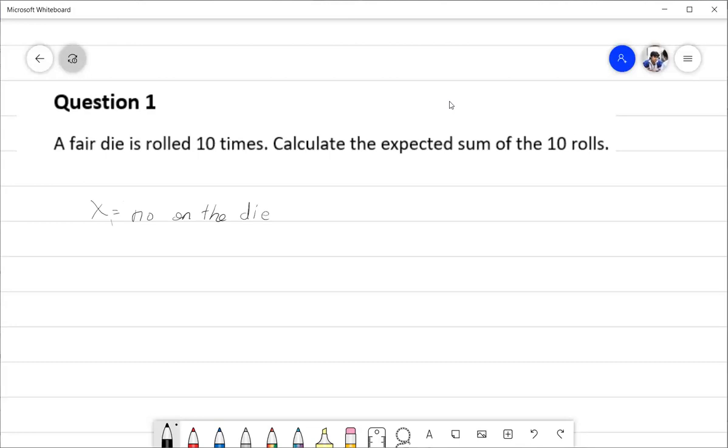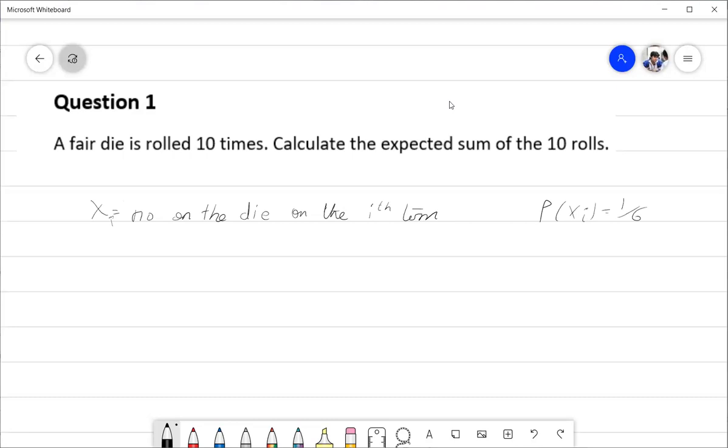Now for any number that I have, what is the probability of that number appearing on a die? That will be 1/6, regardless of whatever number I pick, because it's a fair die.